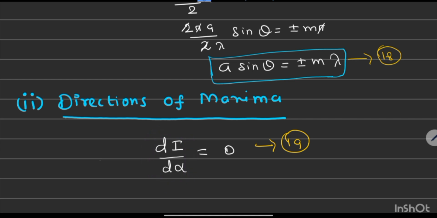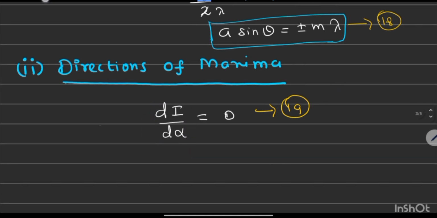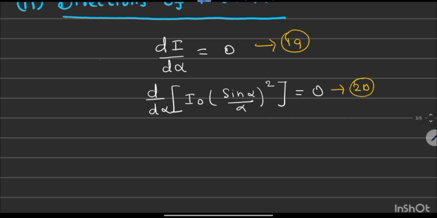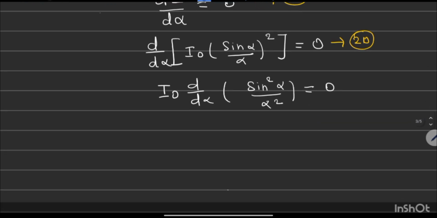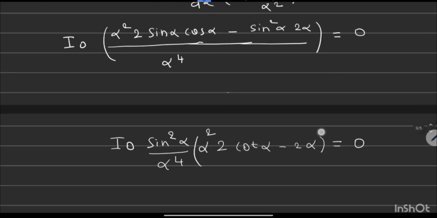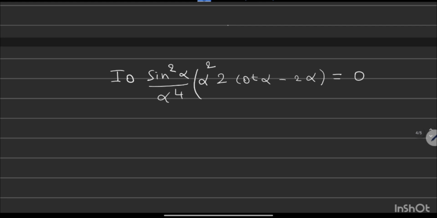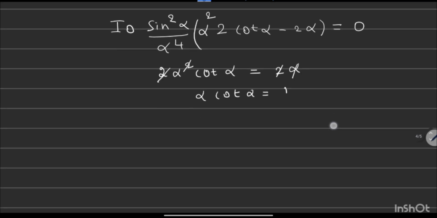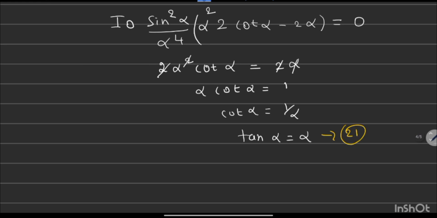Taking the differentiation, dI by d alpha is equal to I naught into sine alpha by alpha the whole square, with I naught constant taken out. Doing the differentiation by the u by v method gives the following expression, which can be simplified to get tan alpha is equal to alpha. This is the condition for maxima.